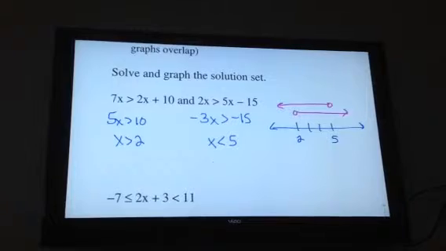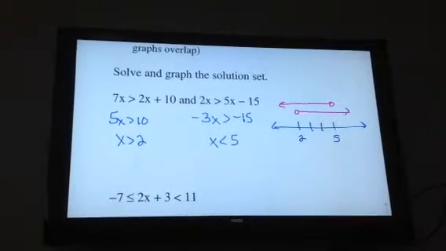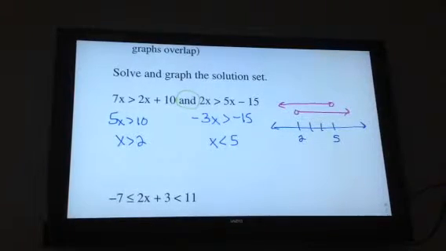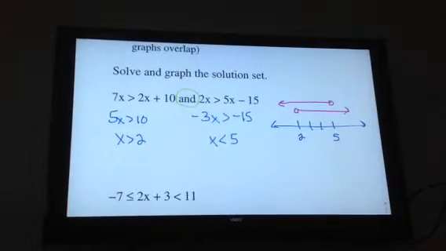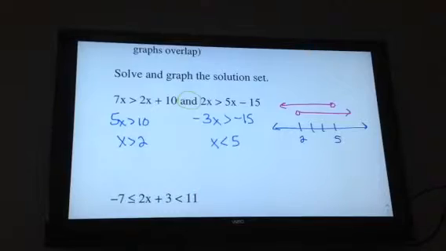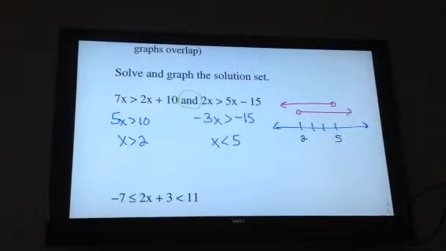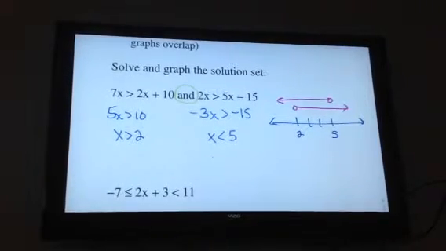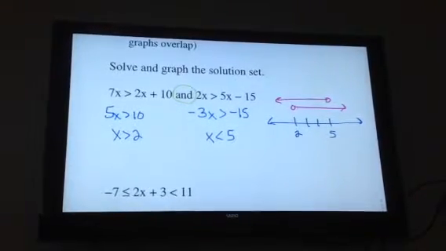Okay? So because this is an and, that means we're looking for what things are in common with these two graphs, where these graphs overlap each other, what do they share, because to be true they both have to be true. And then these graphs are overlapping between 2 and 5, not including 2 and 5 though.